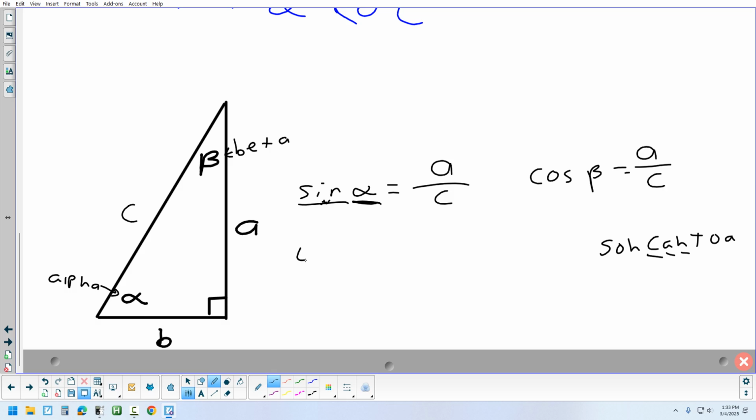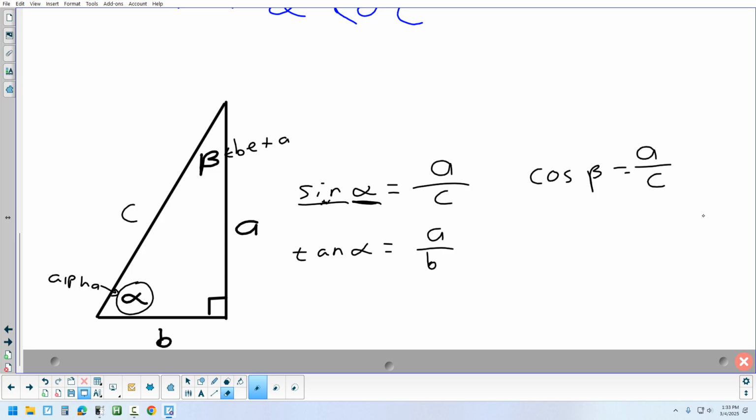Yep. Let's try this one. Tangent of alpha. What's the definition of tangent? Opposite over adjacent. From alpha, what's opposite? A. And adjacent is B. So it's A over B. Now let's try a different one. What is the cofunction of that?